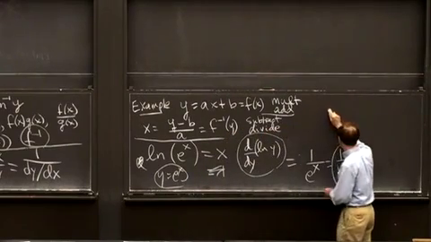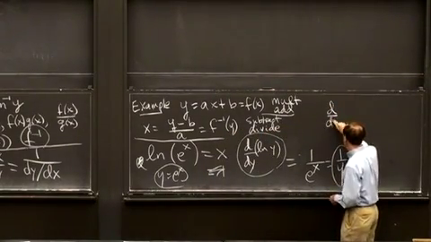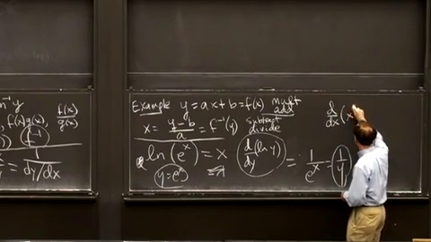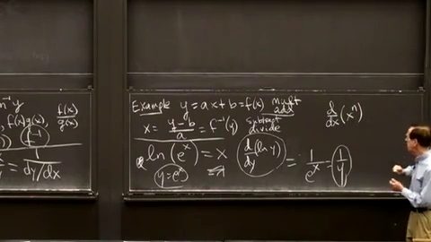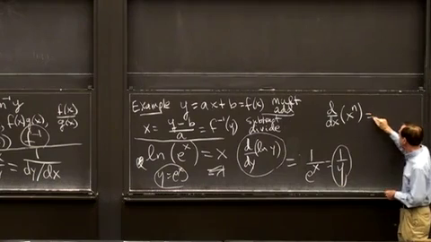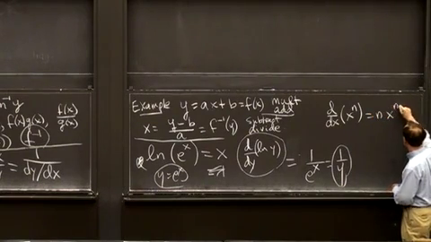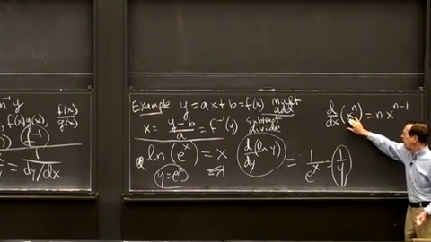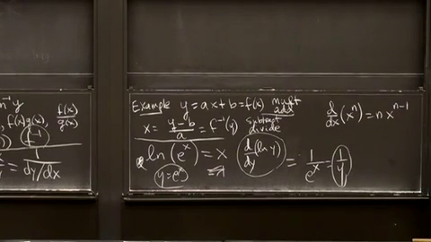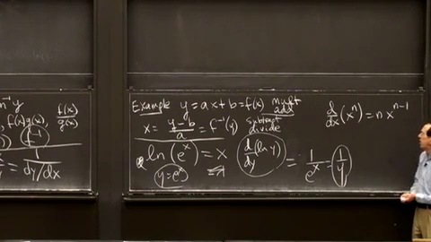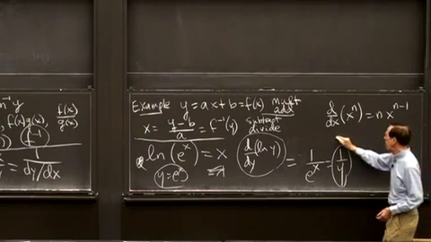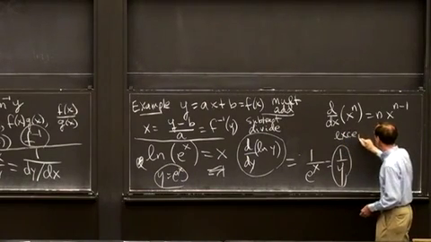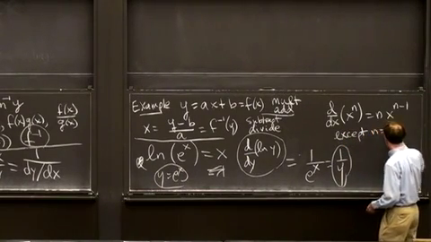You remember the very first derivatives we knew were the derivatives of x to the n, powers of x. Everybody knows that that's n times x to the n minus 1. The derivative of every power is one power below. With one exception: n equals 0.